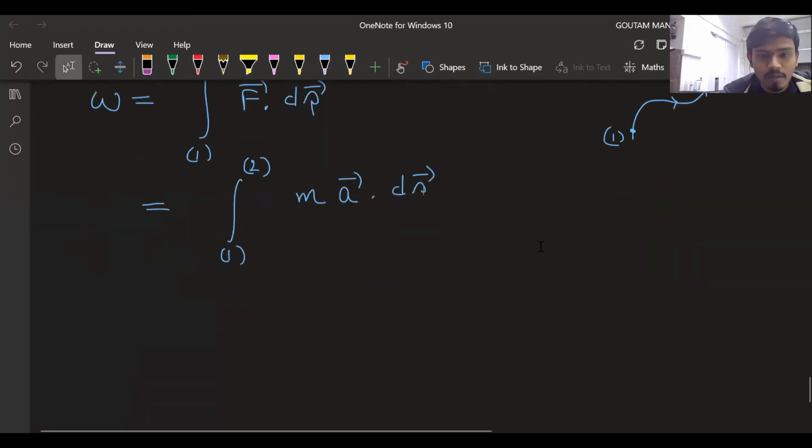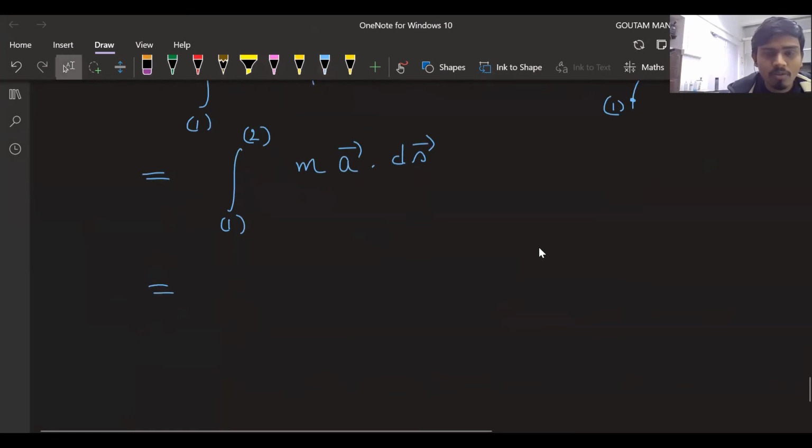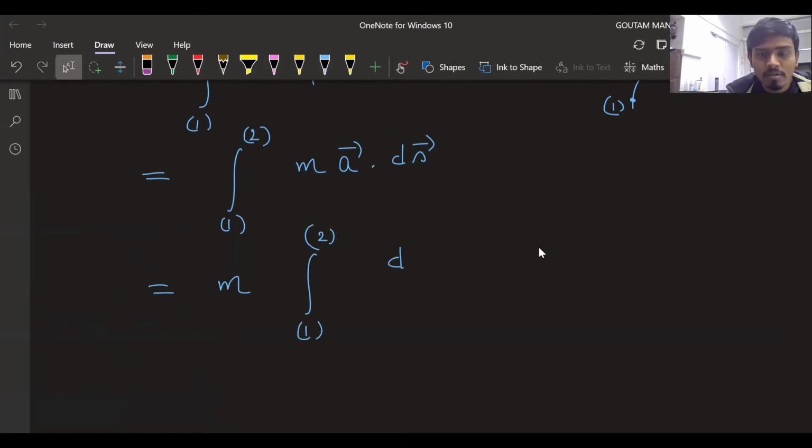Now m is a constant, so we can put it outside the integration. a means dv/dt. Now what is ds? v means ds/dt, right?